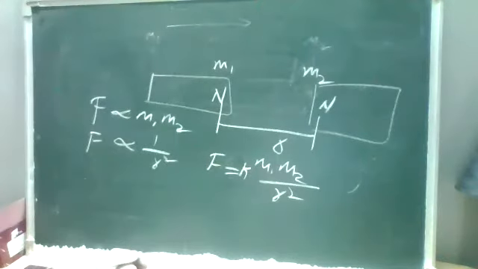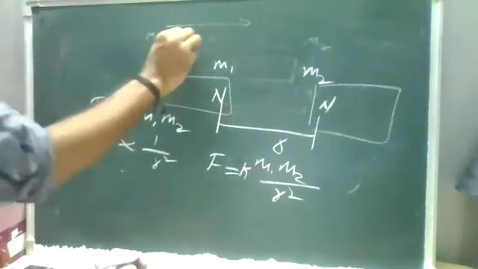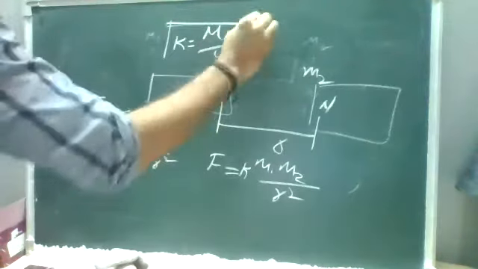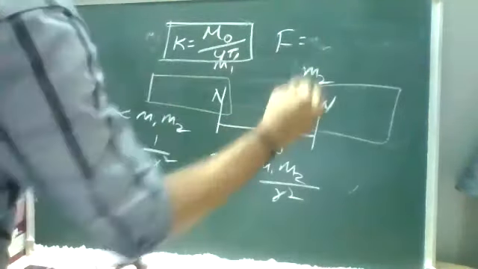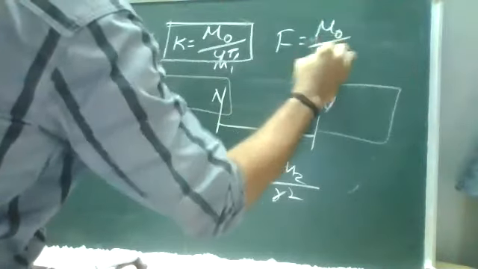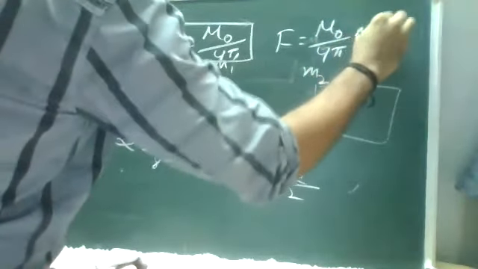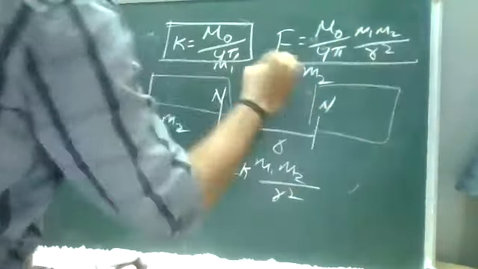The value of K for magnetism is mu naught by 4 pi. So the force relation is F equals mu naught by 4 pi into M1 M2 by R square.